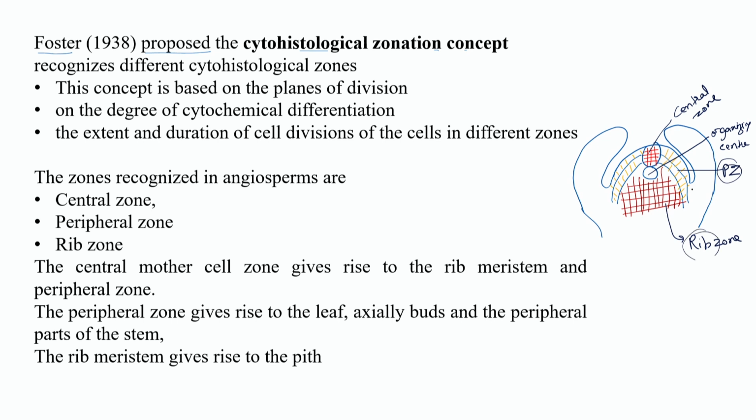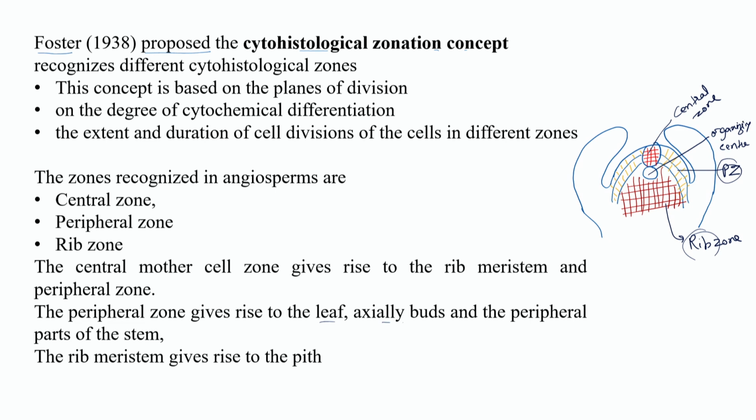The peripheral zone is present on the sides, and it will give rise to the lateral organs, to the leaf, to the axillary bud and other peripheral parts of the stem, whereas the rib zone will give rise to other parts like pith and cortex.